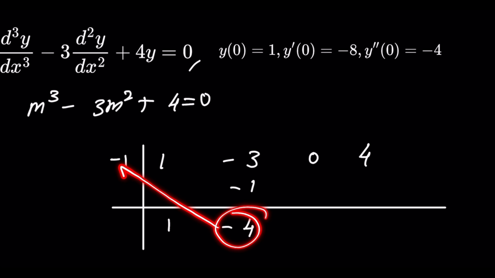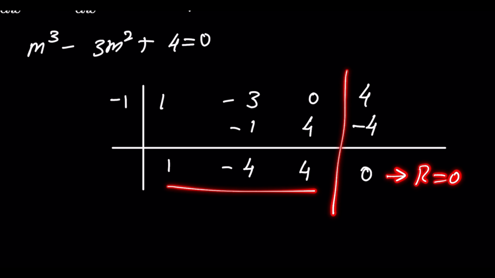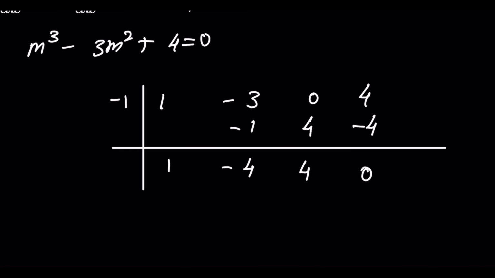Now repeating the same process. This remainder is equal to 0, and these are the coefficients of the quadratic equation. So let's rewrite this auxiliary equation.